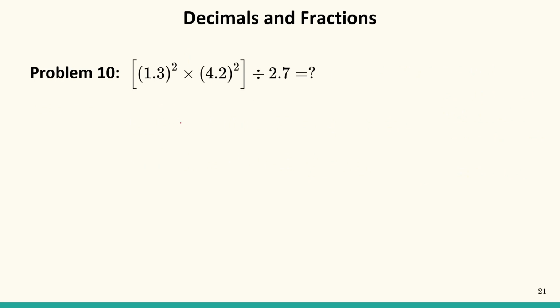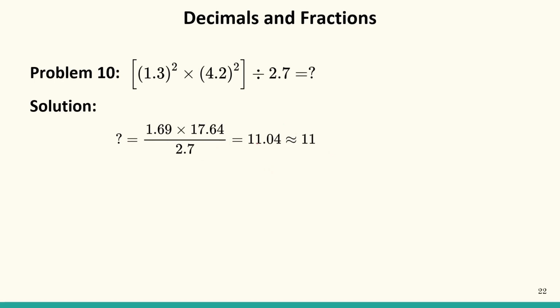So problem number 10. It asks us 1.3 whole square plus 4.2 whole square whole divided by 2.7. This is equal to 11.04. So 1.3 whole square is equal to 1.69, and 4.2 whole square is 17.64.